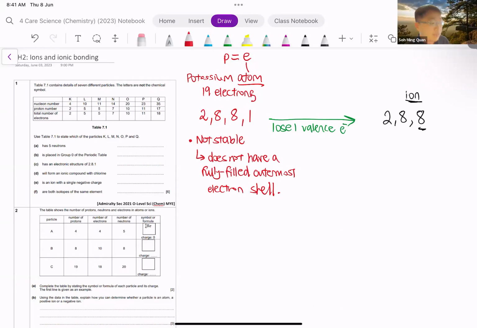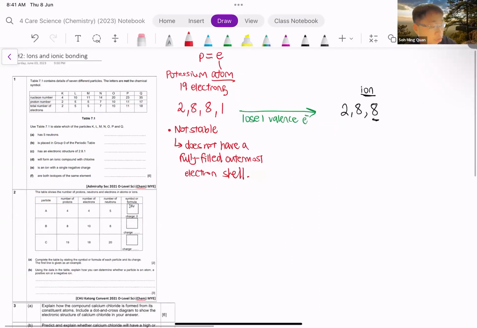As you can see, potassium had 19 electrons in the atom, but it lost 1 valence electron. Therefore, it only has 18 left. So in terms of electrons, 18. However, protons do not change, because protons are not lost or gained. As a result, the potassium ion still has 19 protons.